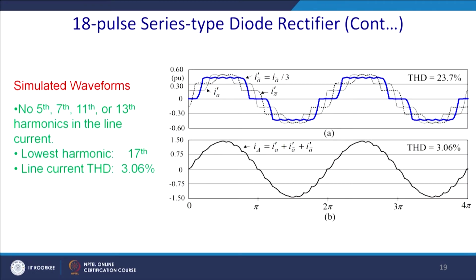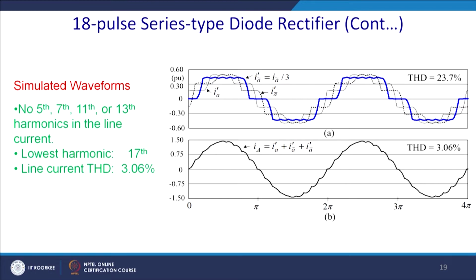So, what happens in the case of the 18 pulse converter? There are 3 currents, as shown, one by blue, another by dots, and another by the faint line. These 3 currents are the currents of the individual rectifiers.